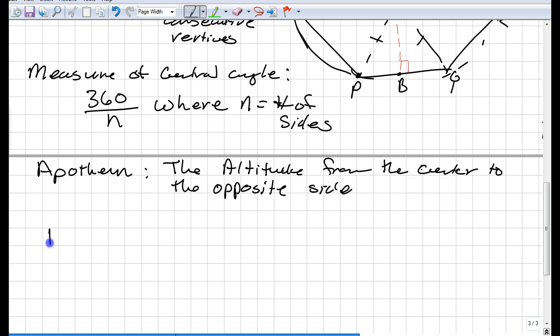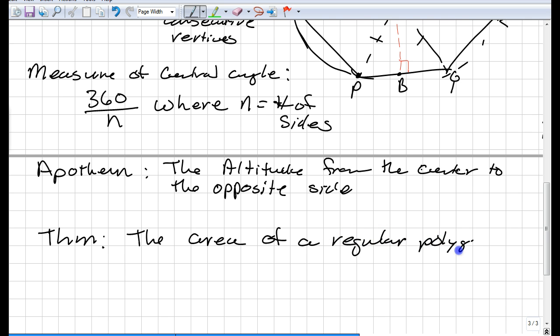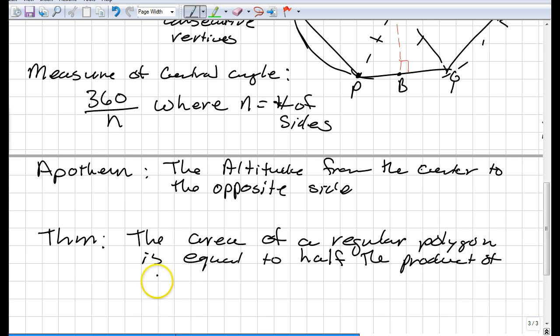Then that brings us to our theorem. So the theorem for area of a regular polygon is the following. The area of a regular polygon is equal to half the product of the apothem and the perimeter.